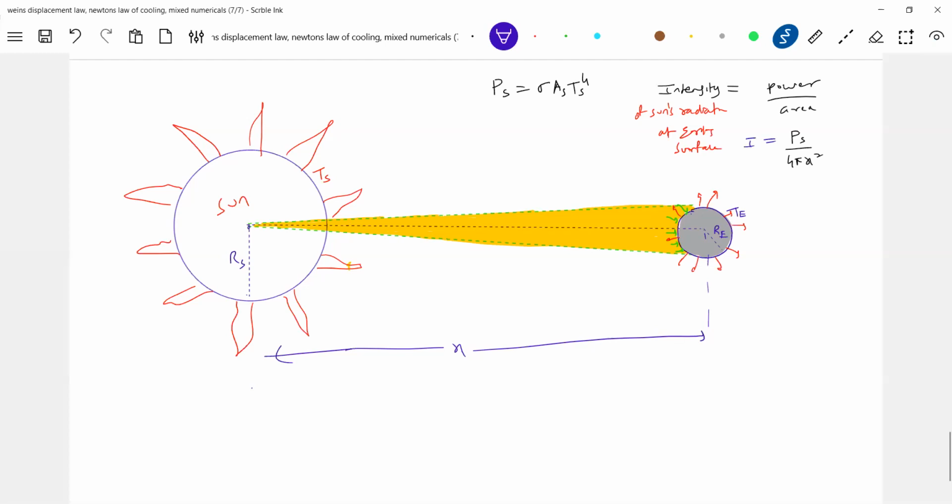Okay, now if you know the intensity, then how much power is incident on the earth? So the power incident on the earth, I'll call Pi. Pi should be equal to intensity into the effective area of the earth as seen by the sun's radiation.